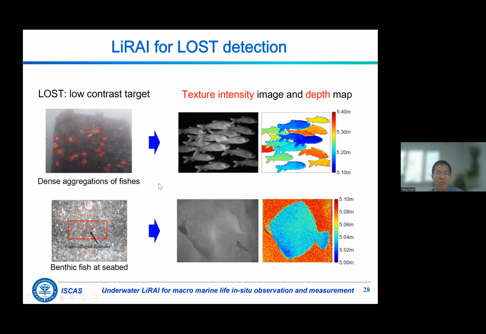In our opinion, LiRAI may give a solution for low contrast target detection. As shown here, fishes also present a low contrast target problem. One can realize fish detection and measurement based on the texture intensity image and the depth map.